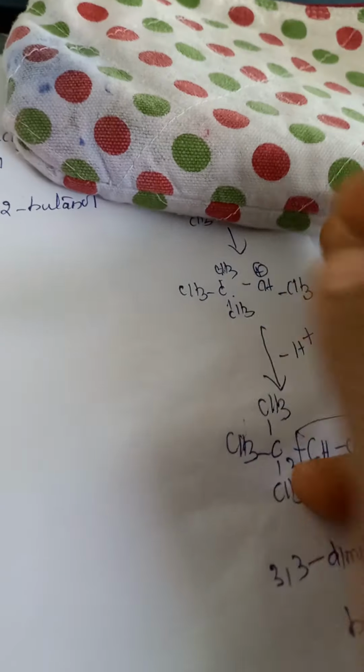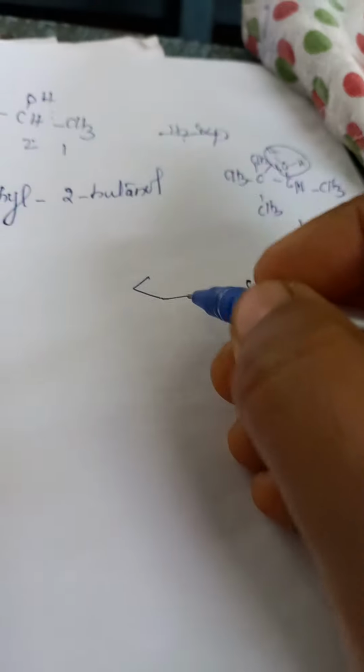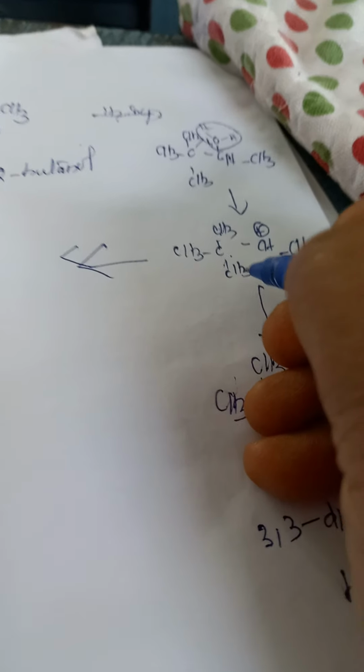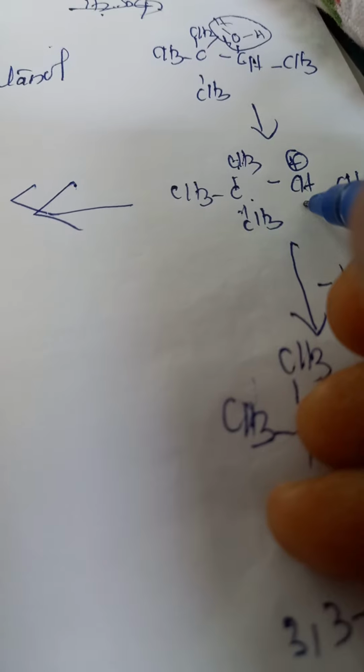Now this is one way of getting the product. The other way: from this compound, a methyl group shifted from here to here.